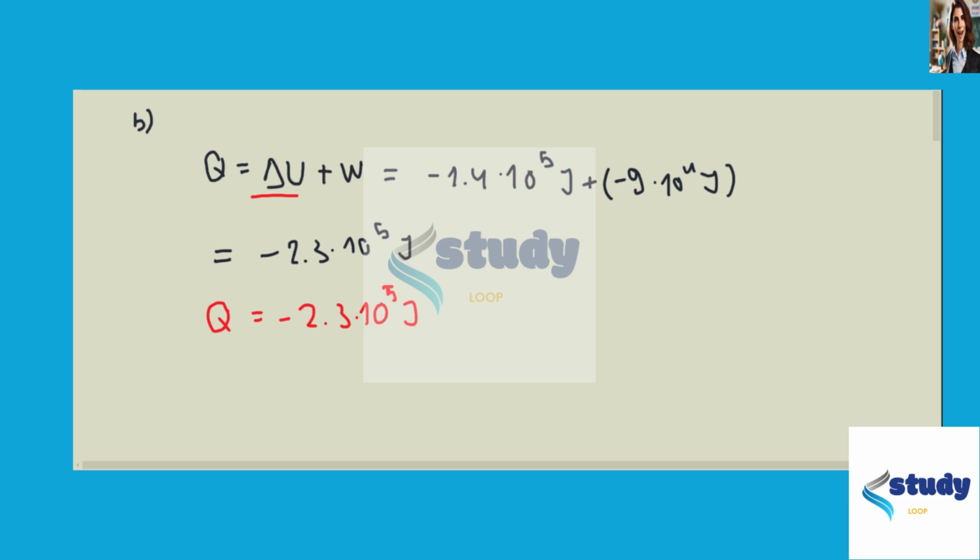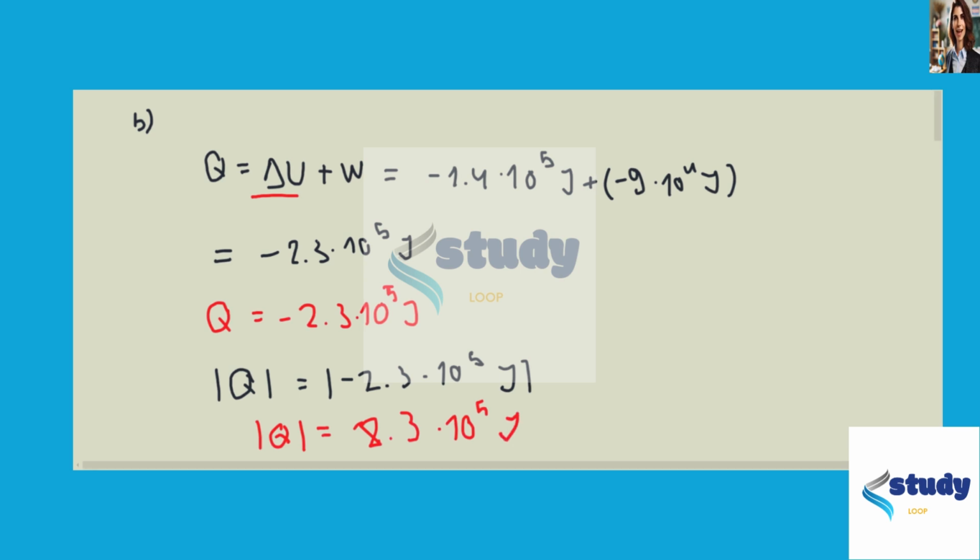We need the absolute value, so the absolute value of Q equals the absolute value of 2.3 times 10 to the fifth joules, and this is equal to, absolute Q is simply 2.3 times 10 to the fifth joules. And this is the solution for part B of this problem.